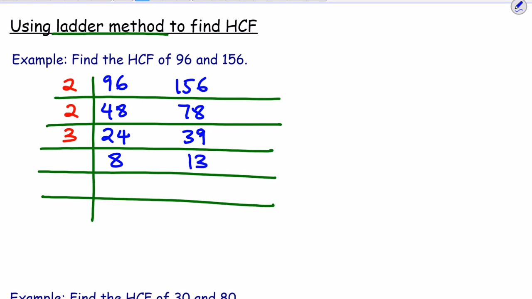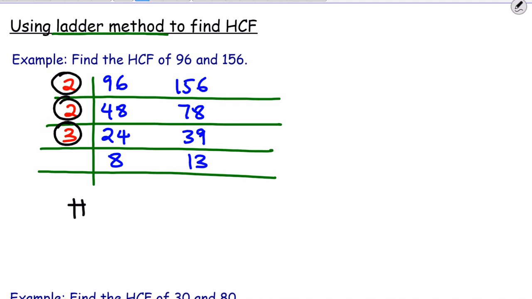We can't find any other number that is divisible by 8 and 13. So, to find the highest common factor, we will multiply these numbers on the left column. So the highest common factor will be equal to 2 multiplied by 2 multiplied by 3, which is 12.